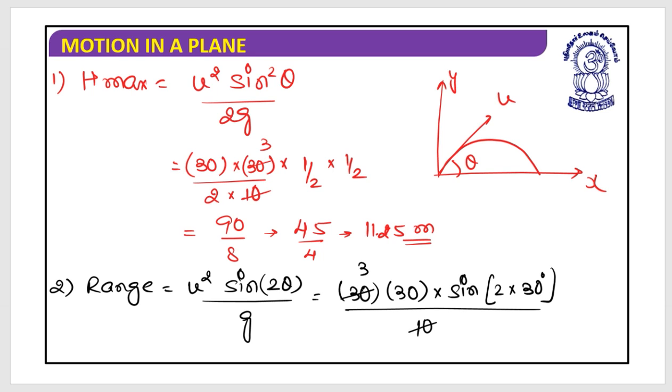So if I solve this, it's 3, 3 3s are 90 multiplied by sine 60, 2 into 30. Sine 60 is root 3 by 2, so it's simply 45 into root 3 meter. Is it clear? Are you sure? Are you done with this? Do you have the same answer?